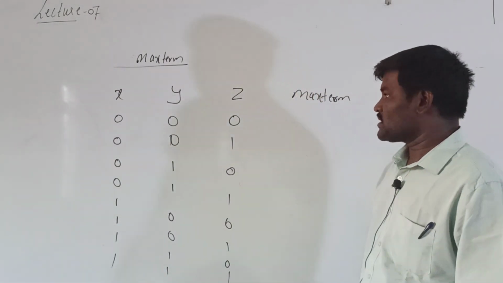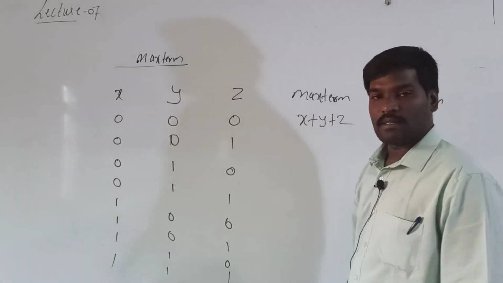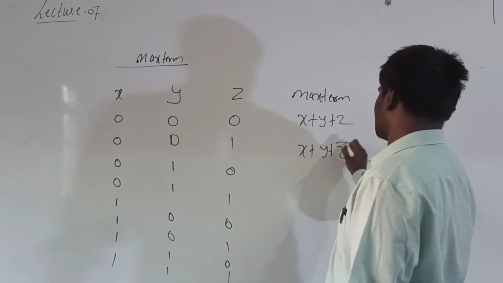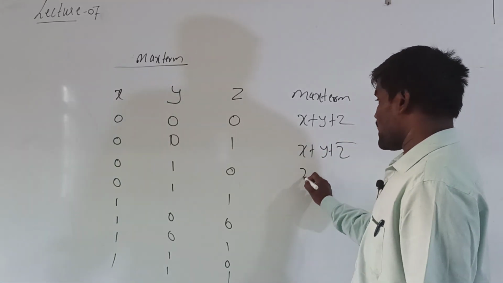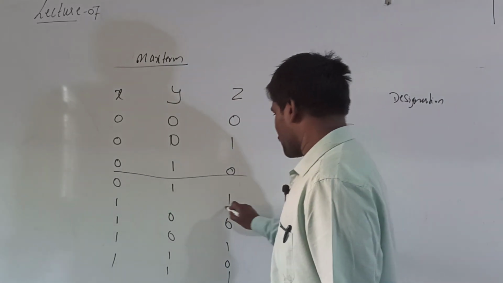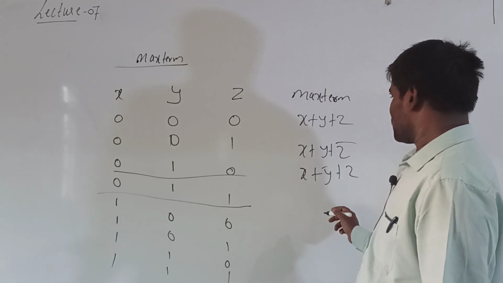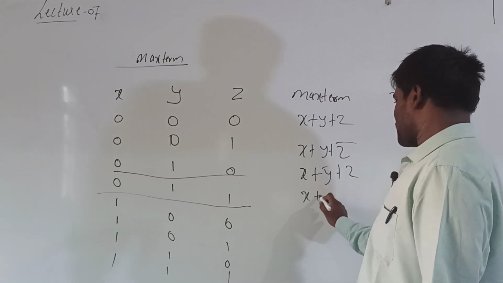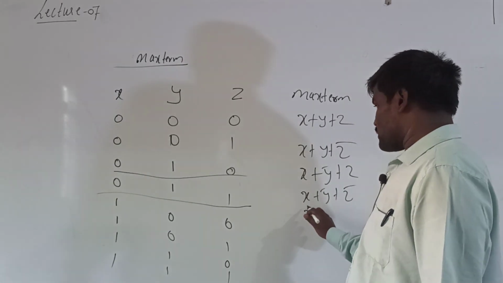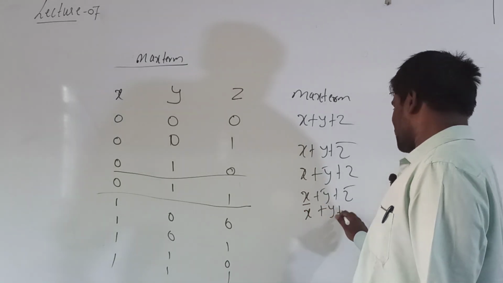So in the max term 0 indicates x: x plus y plus z. Here 0 0 1 is there: x plus y plus z bar. Third one, x plus y bar plus z. Fourth one, x plus y bar plus z bar. Fifth one, x bar plus y plus z.